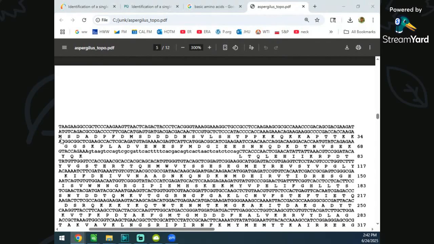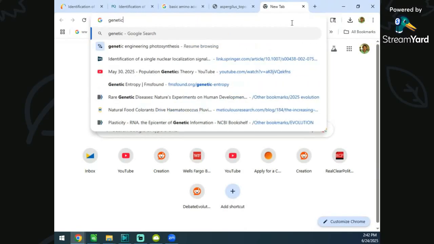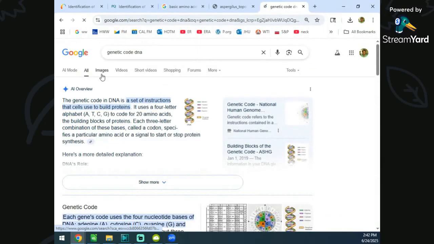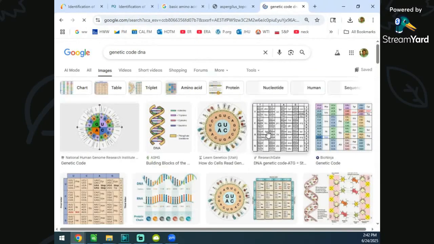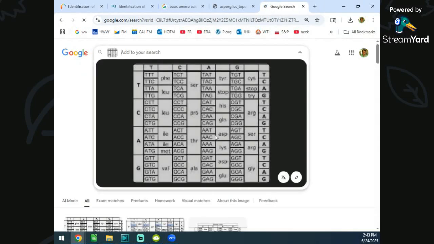So you have the ATG here, and let me grab another genetic table. I actually have to refer to this a lot, and I think it's very easy to go crazy looking at all this. That's not very clear.